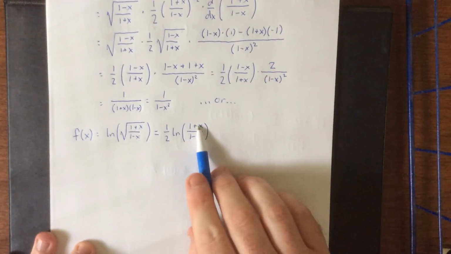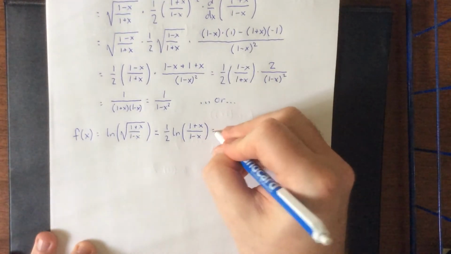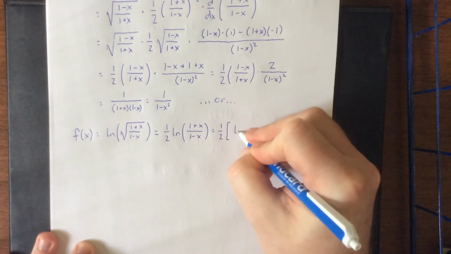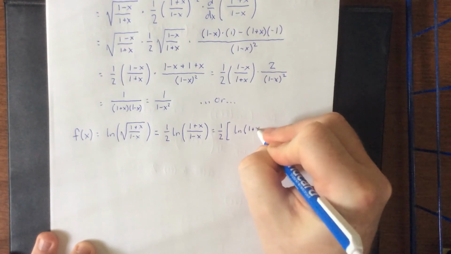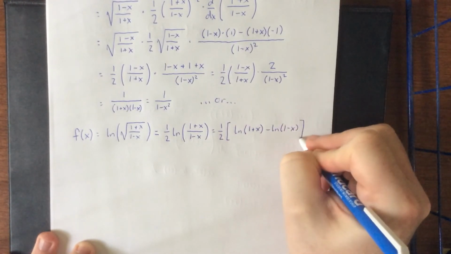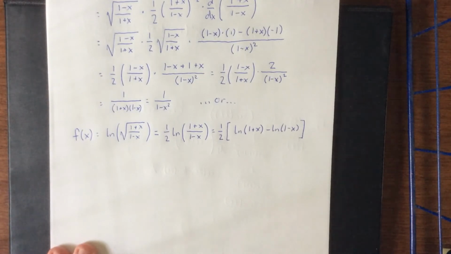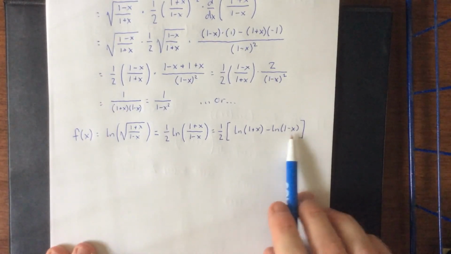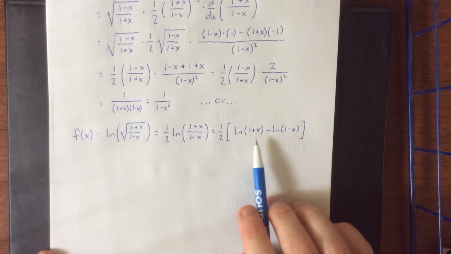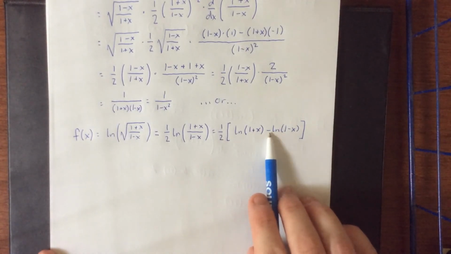Additionally, anytime we're dealing with a quotient for the argument of a logarithm, we can change that into a difference of two logarithms, like so. Now, if I were interested in differentiating this function, it would require considerably less power and quotient rule and more constant multiple and difference rules.